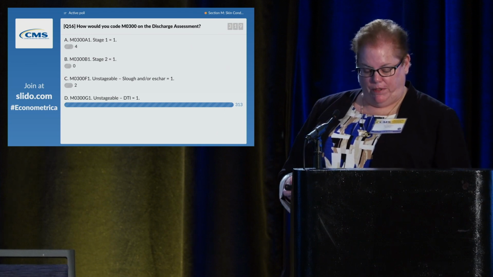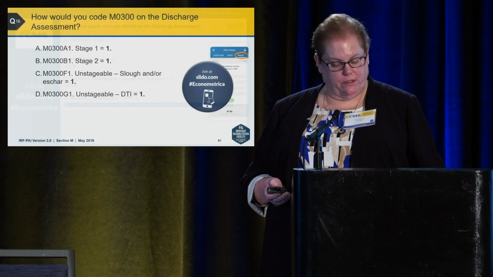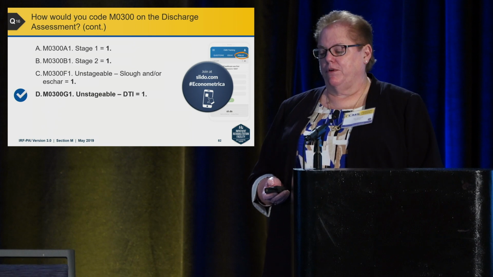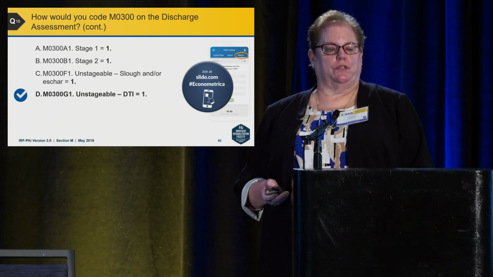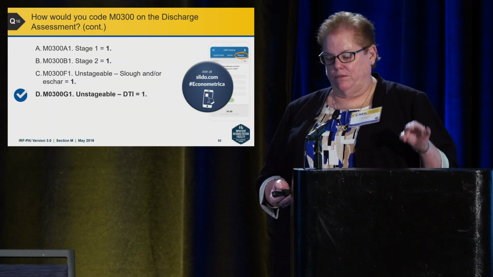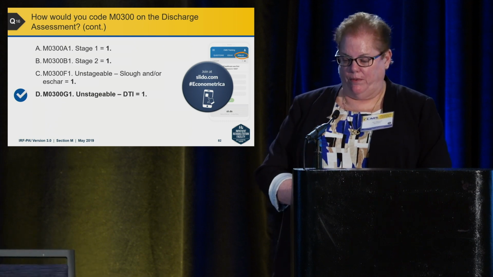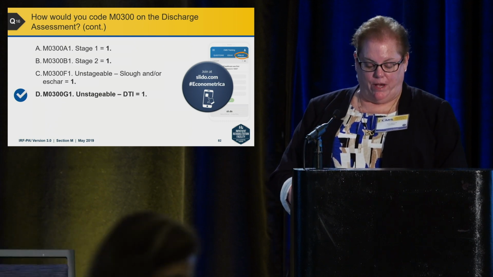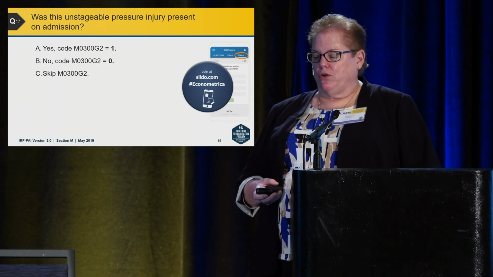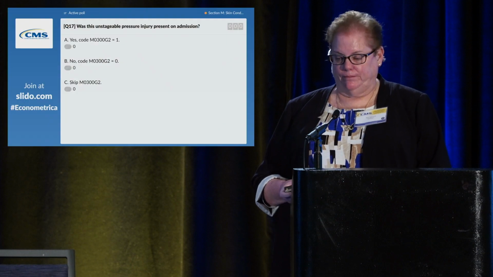And the majority of people responded, so let's see what the answer is. And most people got this correct. It progressed to a deep tissue injury. So we had the ulcer then progress to the point that we had a deep tissue injury, and it stayed that way upon discharge. Was this unstageable pressure ulcer present upon admission?